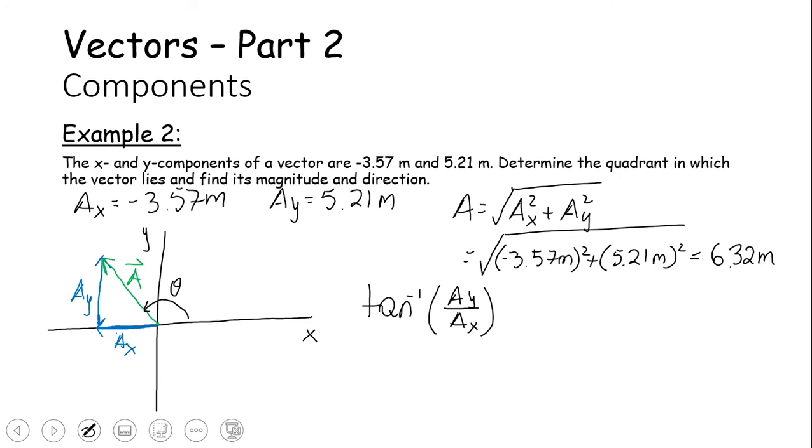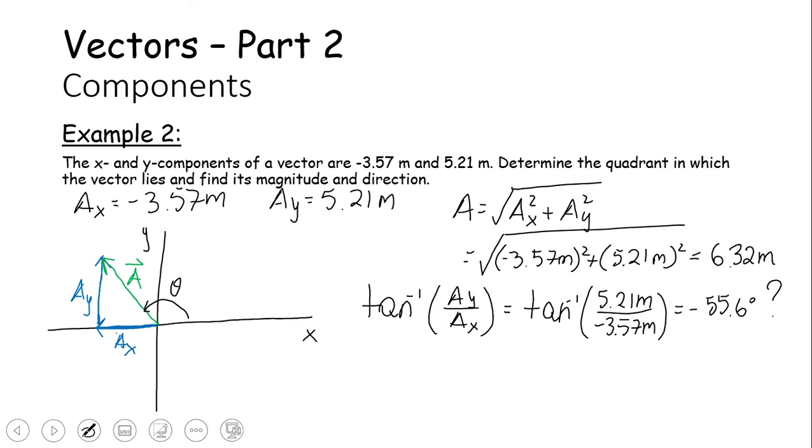But this ratio here is going to be negative because this is tan inverse of 5.21 meters divided by negative 3.57 meters. So when you plug this into your calculator, if you have it in degrees, you're going to get the following: negative 55.6 degrees. And then you're going to scratch your head and say, wait, why am I getting a negative number?